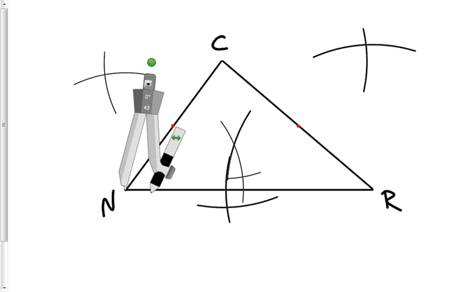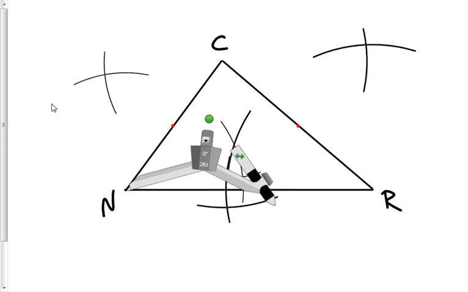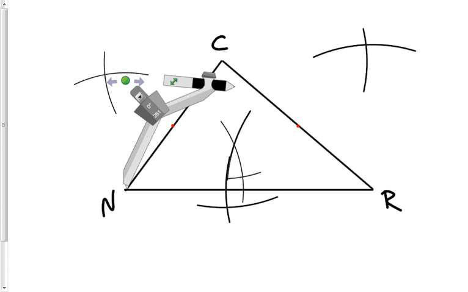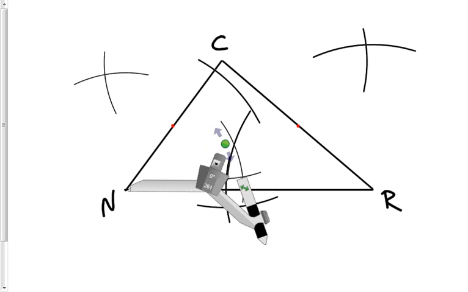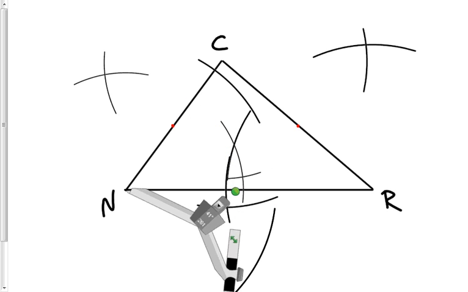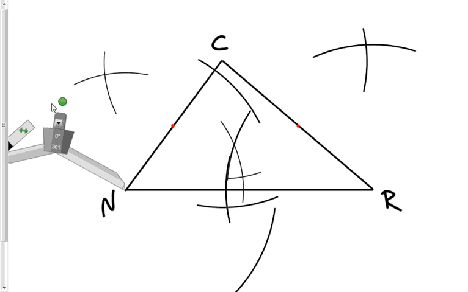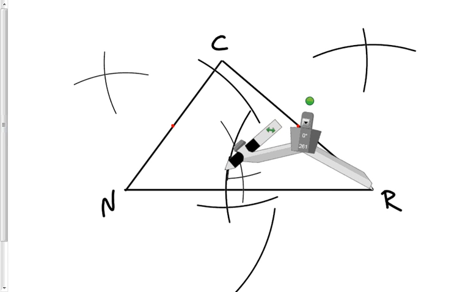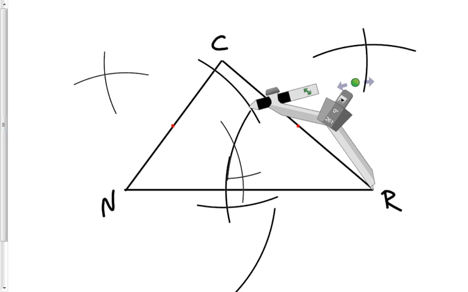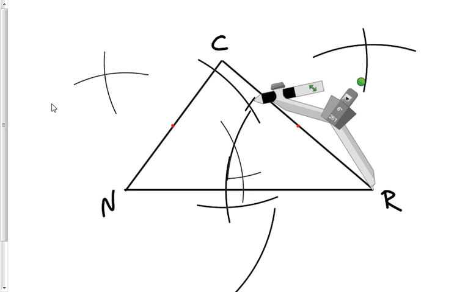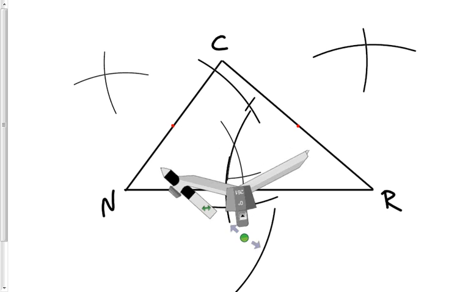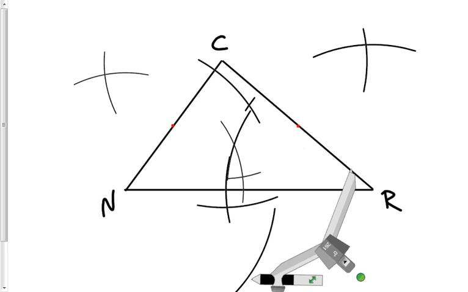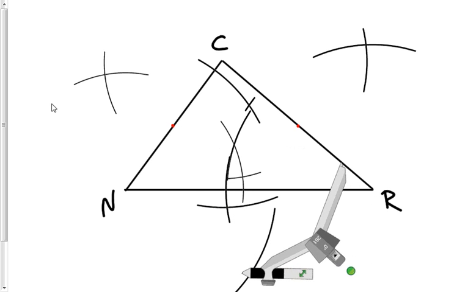Now I need the midpoint of NR. It's going to get a little bit crazy.